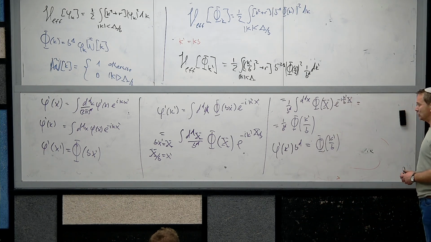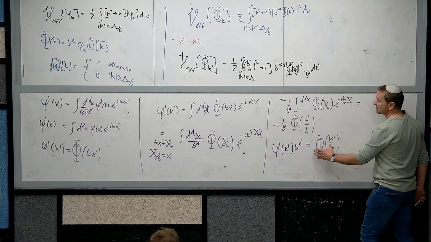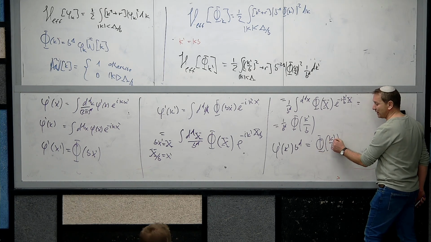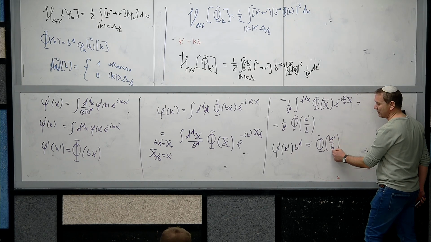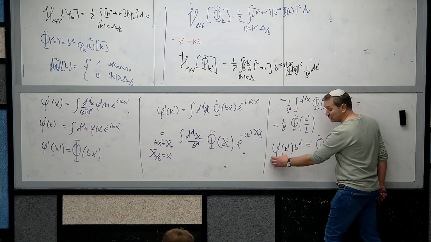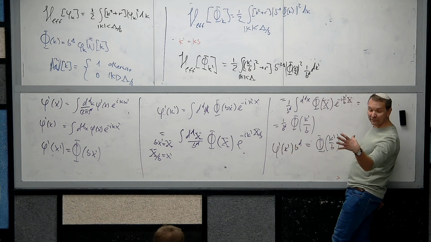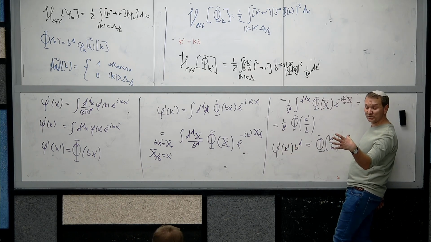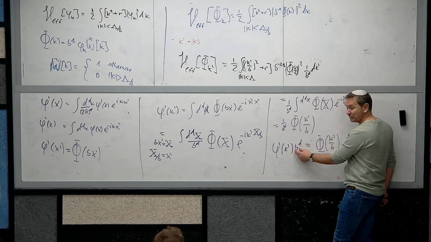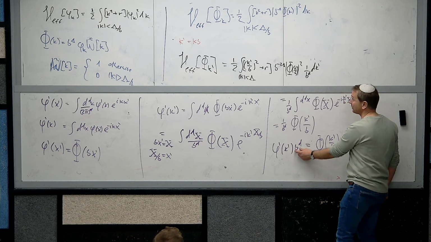So I'm saying the following. I can take this averaged field not at point k prime, but at point k prime divided by b, and it will relate to the averaged field, after I perform the zooming out procedure, multiplied by the prefactor of b to the power d.